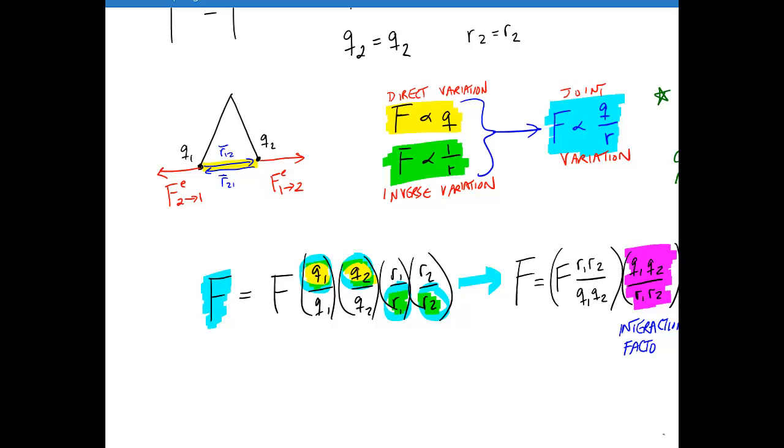That whole collection is a factor. And then the other thing, staring us in the face there, is our conversion factor.